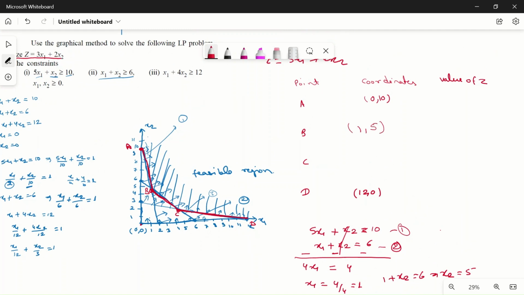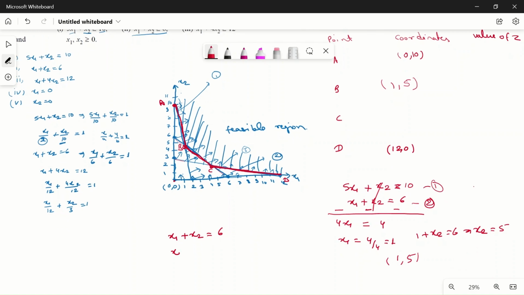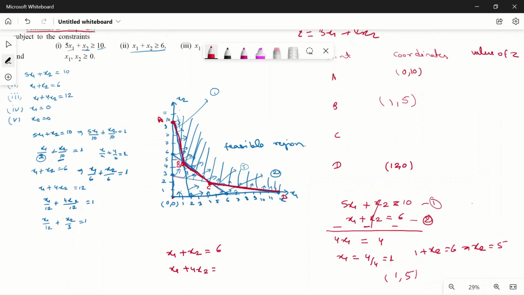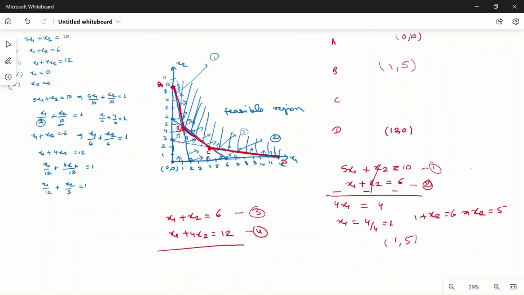Point C is the intersection between this line and this line. So we will again write x1 plus x2 is equal to 6 and x1 plus 4x2 is equal to 12. This is equation number 3, this is equation number 4. We will deduct equation number 4 from equation number 3.